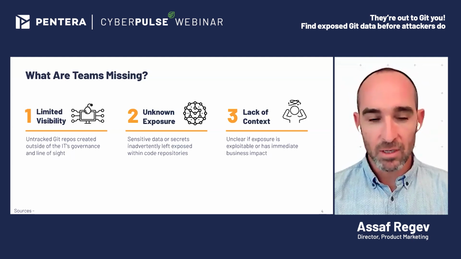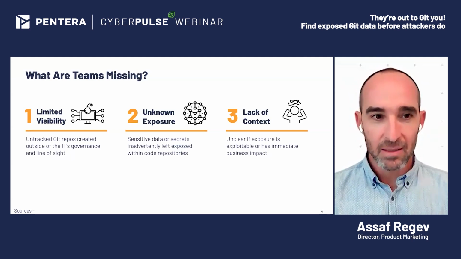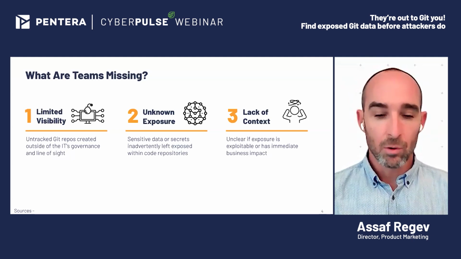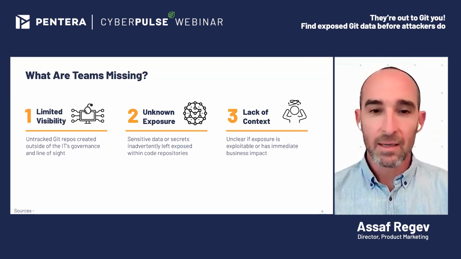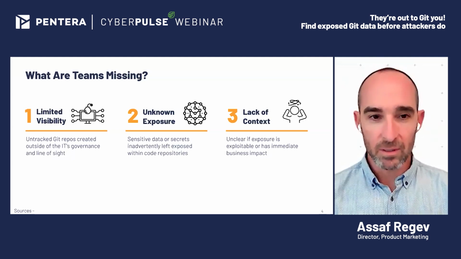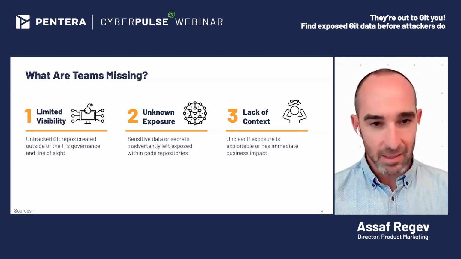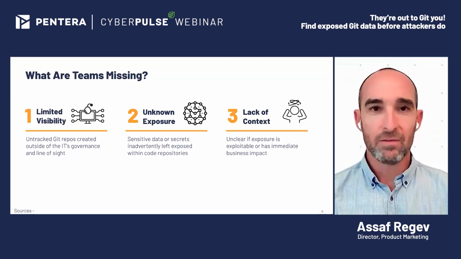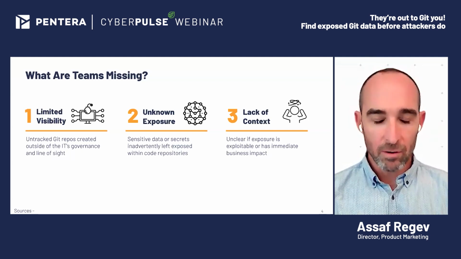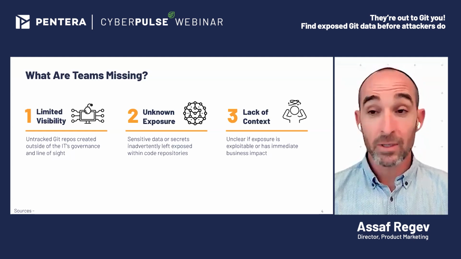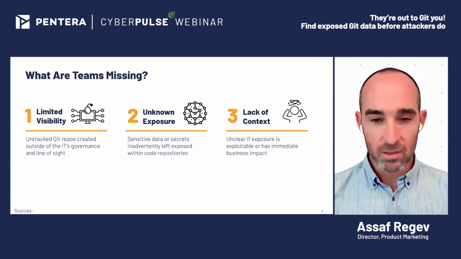That creates an unknown exposure, a means for attackers to get a purview into this information. Based on information from GitHub, over 39 million secrets were leaked in 2024 alone. So the numbers are staggering.